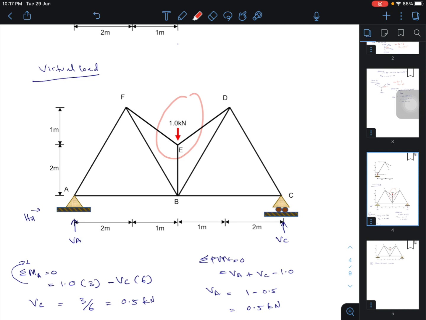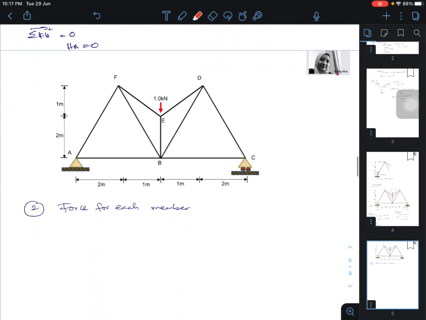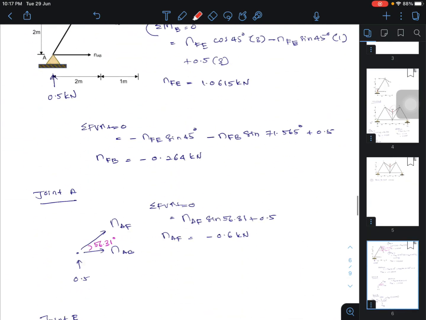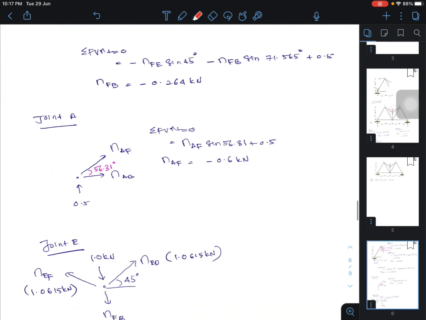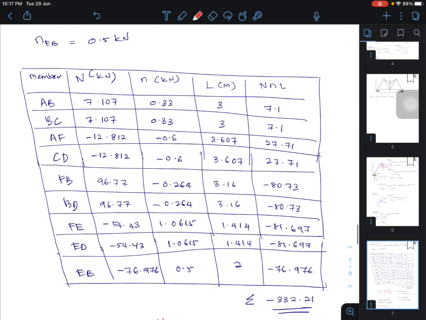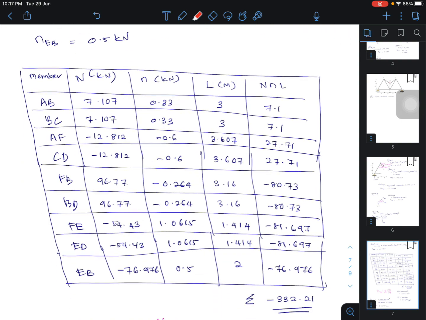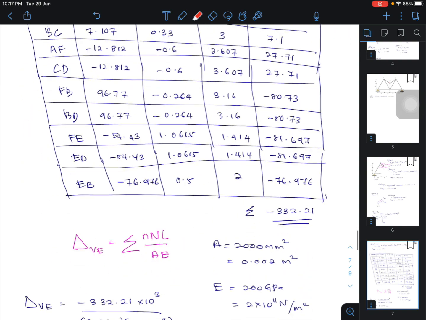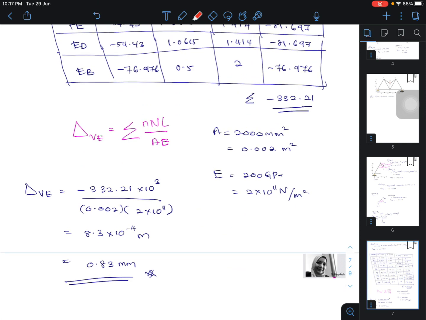So in this case, 1.0 is at joint E. We calculate the reactions, calculate member forces using the method of section and the method of joint, and then tabulate all the values into this table. Using this formula, we can identify the vertical deflection at the joint.